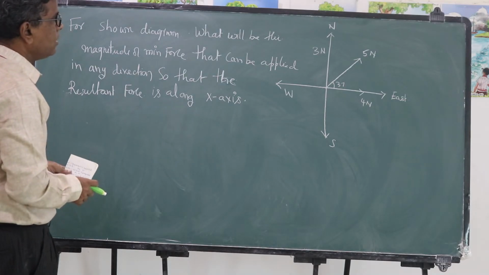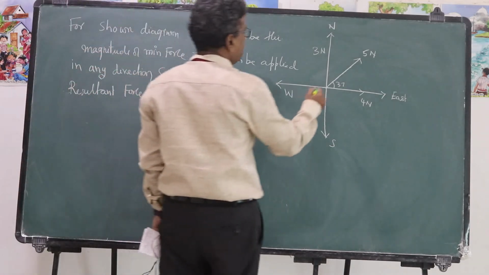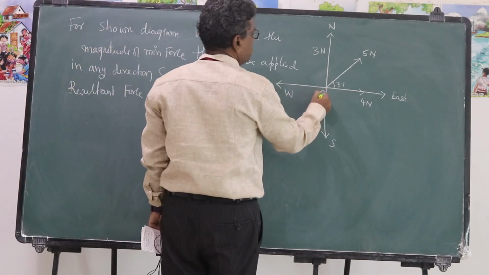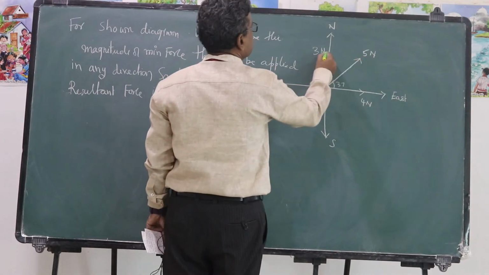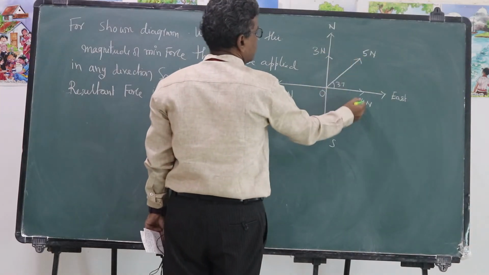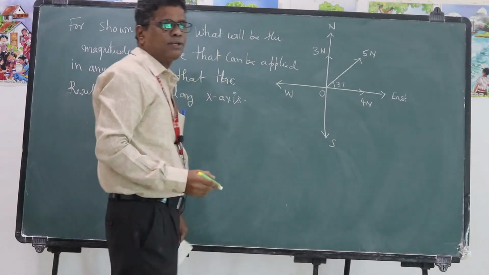How can we solve this problem? Here, how many forces are acting on the body? Let O be the position of the body. 5 newtons, 3 newtons, 4 newtons. So these are the forces acting on the body.